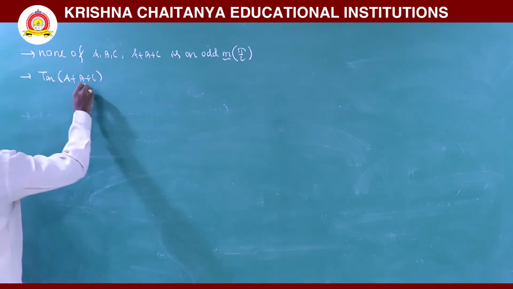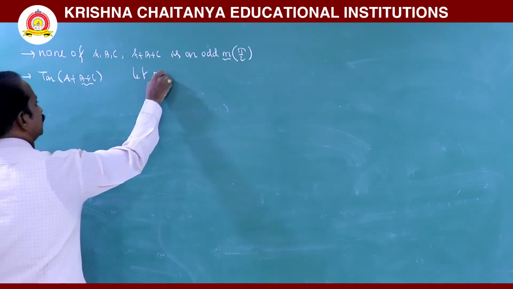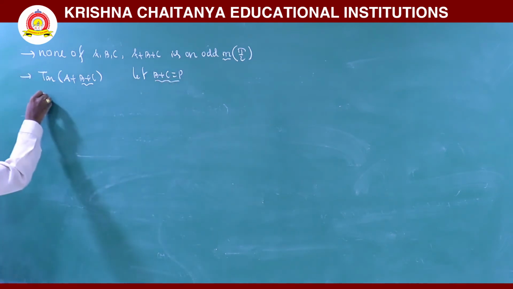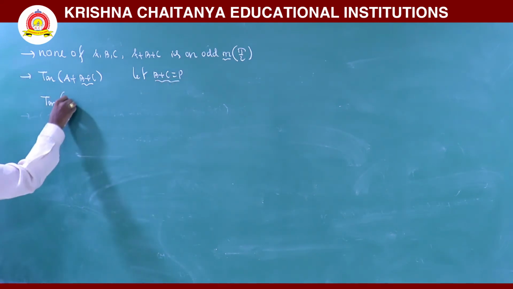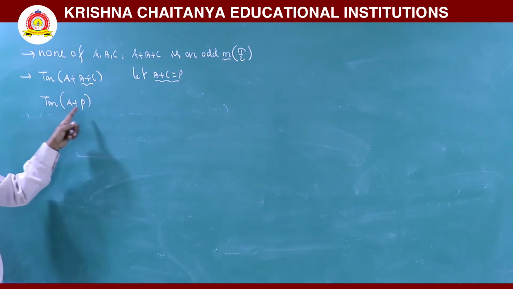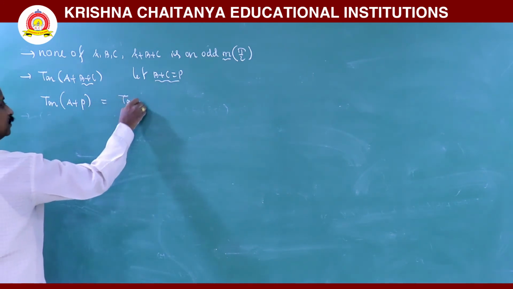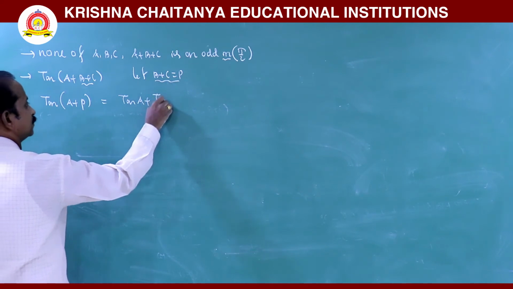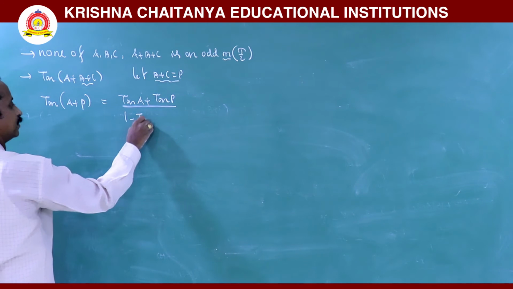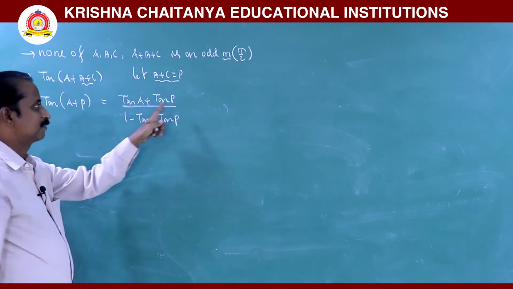For the sake of convenience, consider the angle B+C equal to angle P. Now it converts into tan(A+P), which is in the form tan(A+B). We know that tan(A+B) is tan A plus tan B by 1 minus tan A into tan B. What is our assumption?